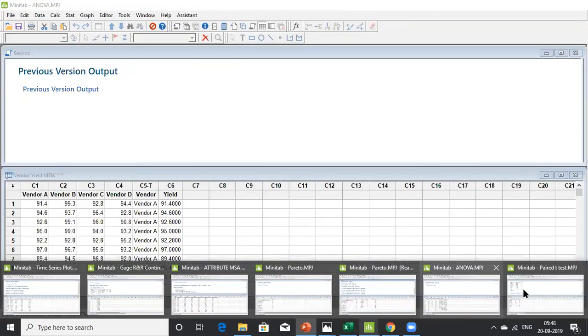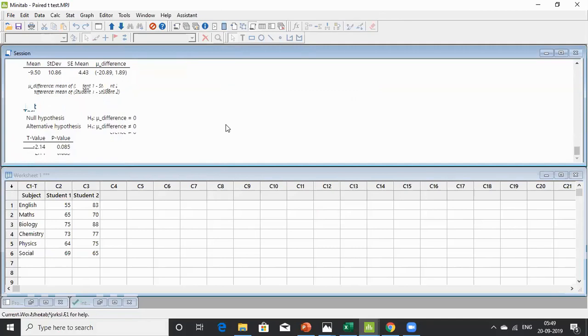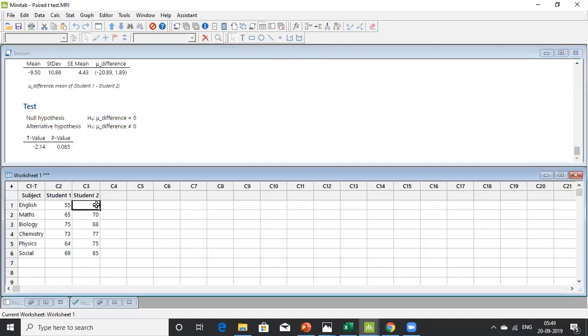I'll just show you. Here I get a p-value of 0.08, which is telling me there is no difference between student 1 and 2 against each of these subjects. Both are performing at a similar level, even though the marks look extremely different.